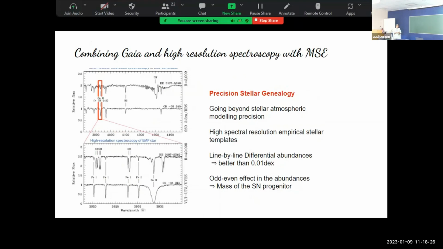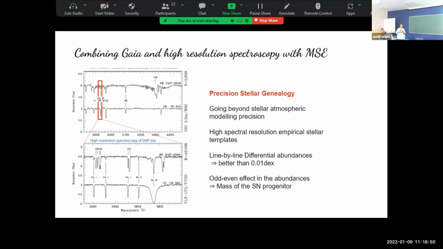One way to go beyond the modeling precision is that MSE would give high resolution templates for billions of stars. So we would be able to make empirical templates, because we are right now limited. For example, I was looking at these odd-even effects.